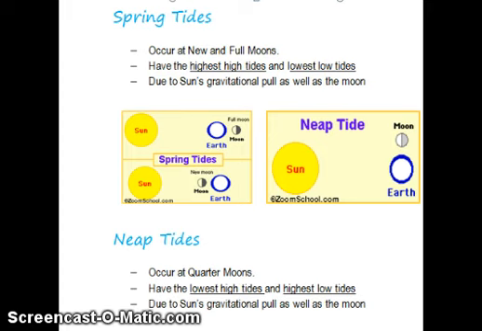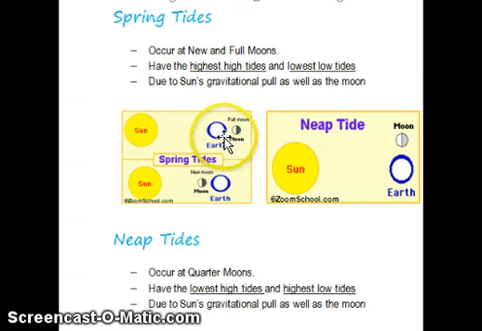We can also have what's known as spring tides and neap tides. Spring tides are going to occur at new and full moon phases. If we look here at this picture, you can see that when we do have new and full moon phases, all three celestial objects are in a line. And we find that during a spring tide, or during the full moon and the new moon, we have on Earth the highest high tides and the lowest low tides.